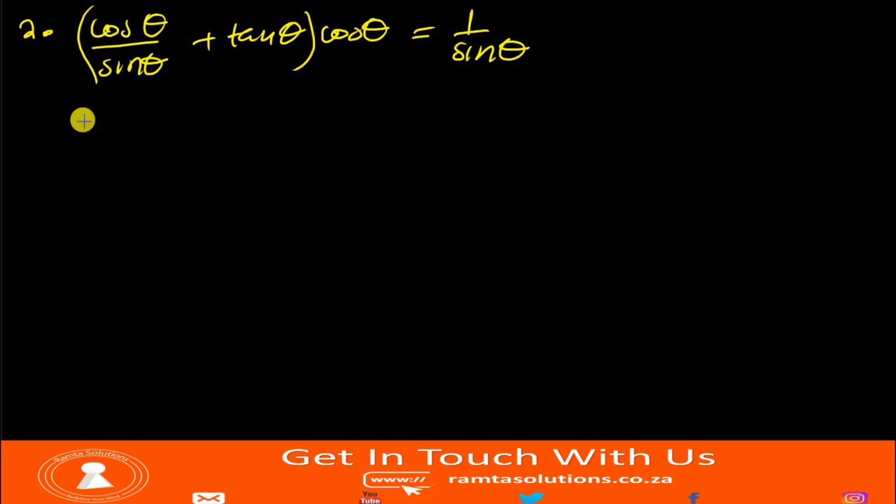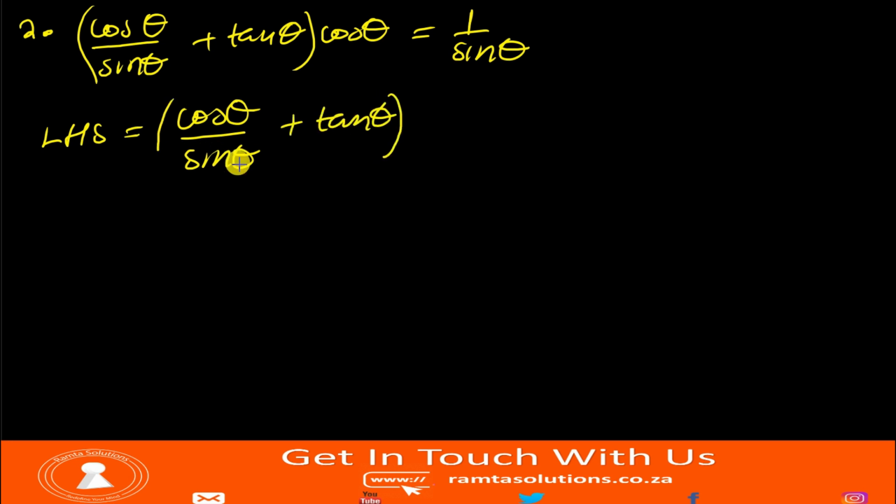So we'll say the left hand side is equal to cos theta over sine theta plus tan theta, all of them multiplied by cos theta, isn't it? So what I would advise that you do is this. This is tangent. So I would advise you do the following.